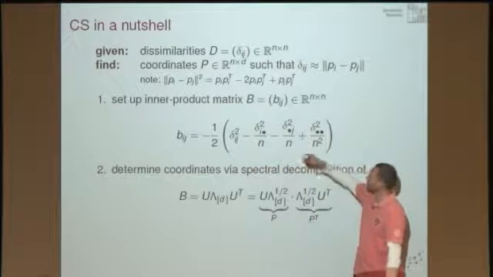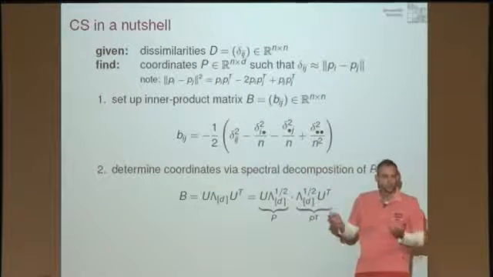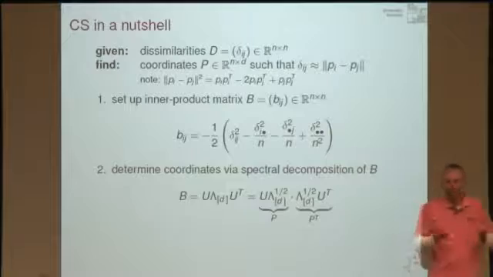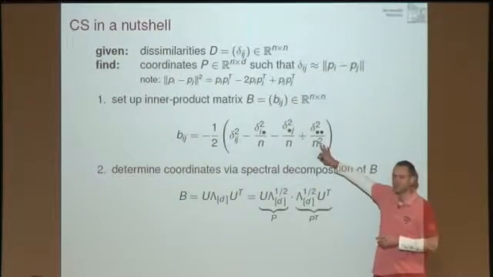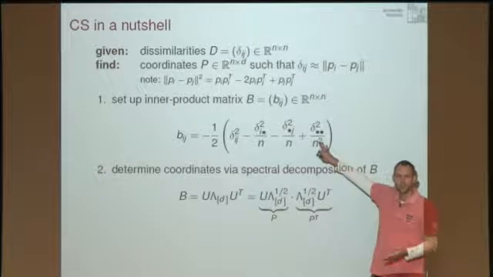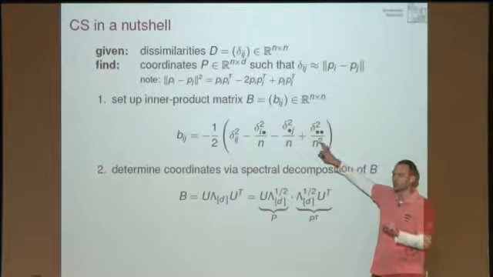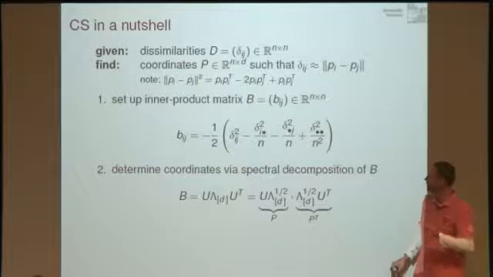So we set up an inner product matrix using this formula, which is derived from the other, easy to recognize formula, in such a way that one of the degrees of freedom is resolved. Because distances, of course, are translation invariant, whereas the coordinates are not. And the way that this degree of freedom is resolved has an effect on how this is set up. In this case, it's the centroid of the configuration that is placed in the origin of the result. The details are not that important.